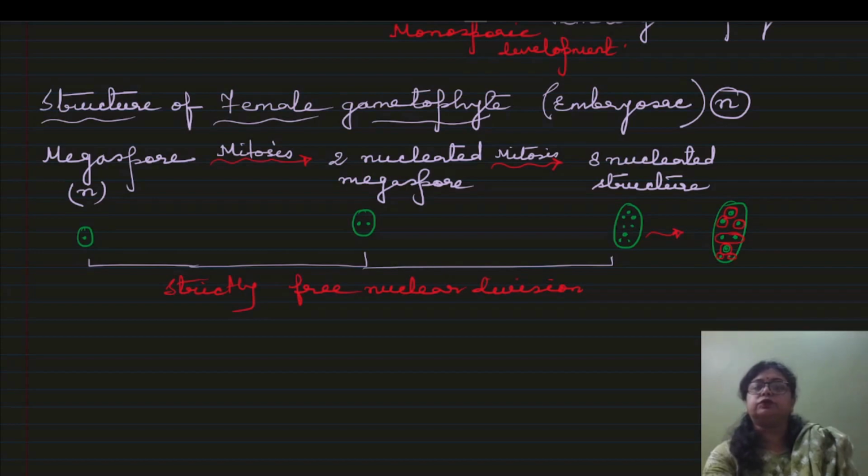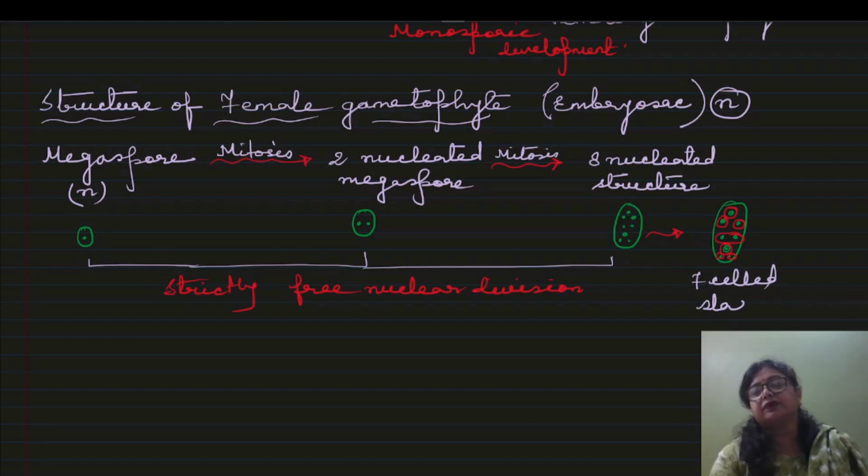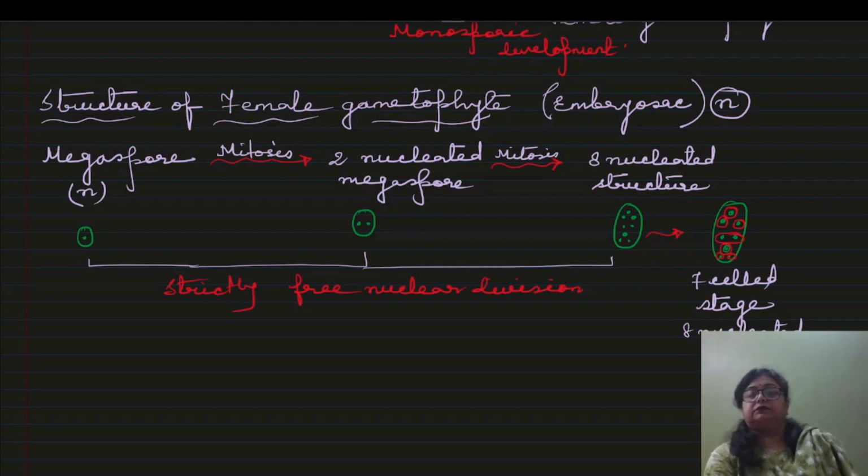Now if I count all the cells, we get 1, 2, 3, 4, 5, 6, 7. So the embryo sac is now at the 7 cell stage. And how many nuclei? 1 to 8. So 8 nucleated. So the question comes: describe the development of the 7-celled 8 nucleated embryo sac.